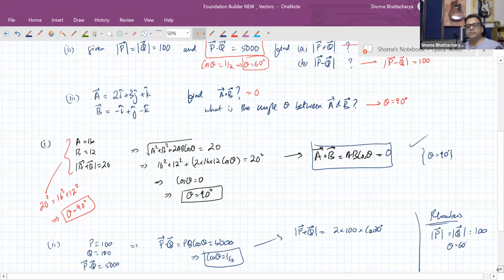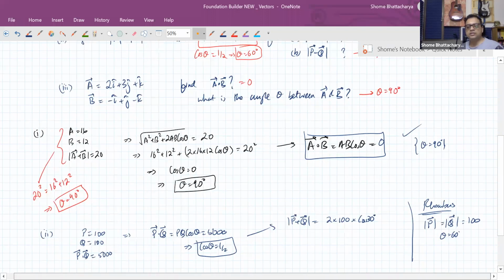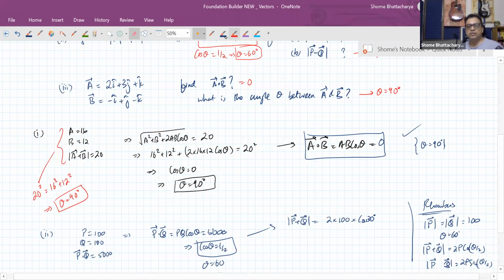So you can use that special formula for the rhombus that we had discussed, so that will cut the amount of calculation you have to do a little bit. Okay, otherwise you can use the whole triangle law formula also, that's fine.